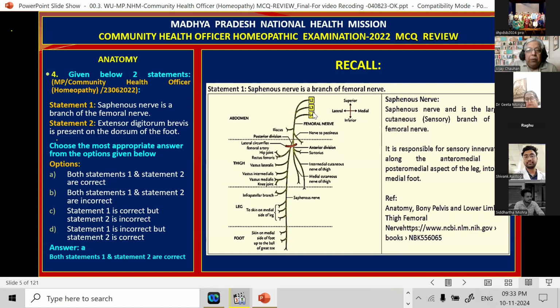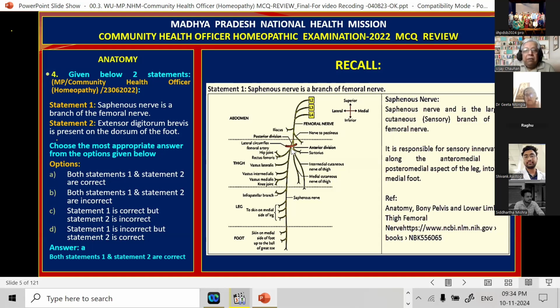So L2, L3, L4, these are the supply areas, femoral nerve having segmental supply L2, L3, L4, and the femoral nerve goes to the thigh region, and here it divides into anterior division and posterior division.